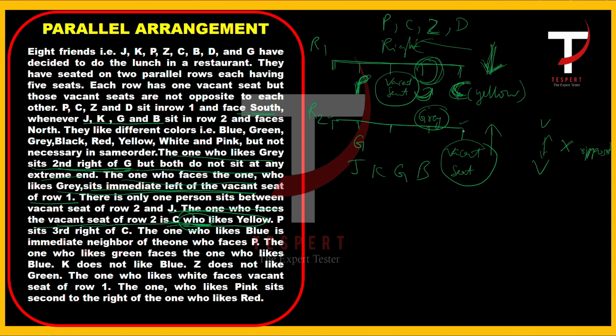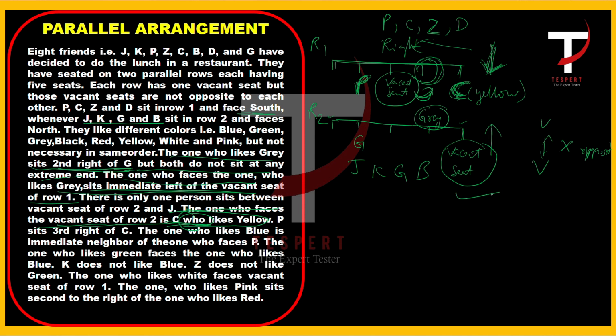And in the next one it is given that there is only one person who sits between vacant seat of row 2 and J. So this is vacant seat of row 2.